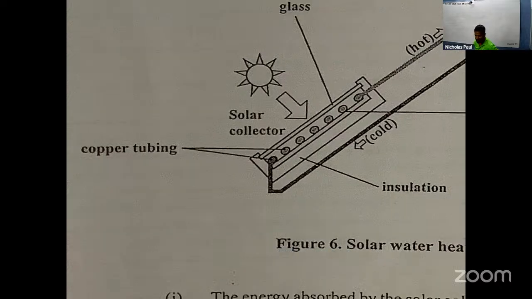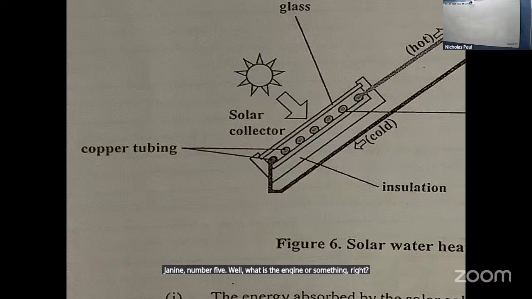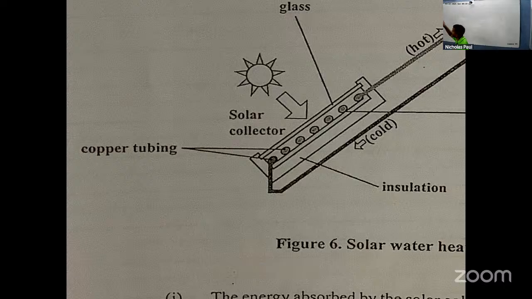Jenny, number 5. What is the insulator or something? What in this design will stop heat transfer by conduction?